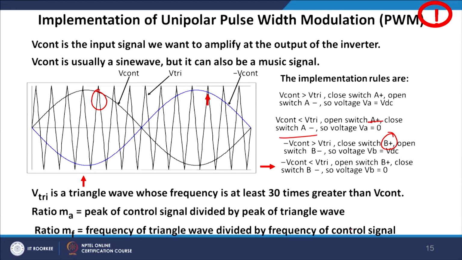Similarly, if minus V control is less than V tri, then plus V opens and minus V closes, and so you get again the 0 voltage. So, here you can also generate 0 voltage.